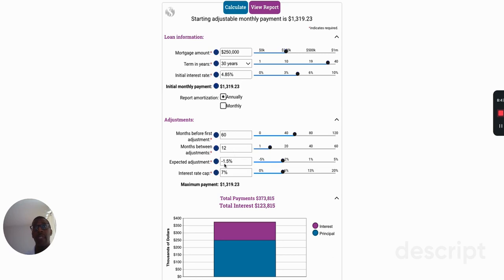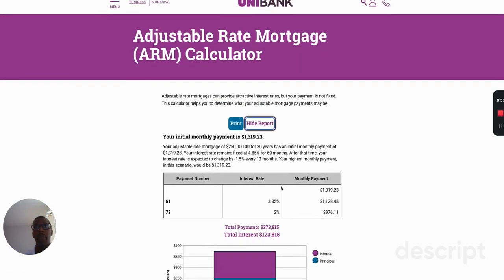So you minus the 1.5 from the 4.85, and then we go to view report, and it should give us what that rate will be. It'll be 3.35% after 5 years, and your payment is going to come down a little over $200. Instead of paying $1,319.23, you'll be paying $1,128.48. Mind you, this is without including taxes, insurance, HOA fees, and escrow.